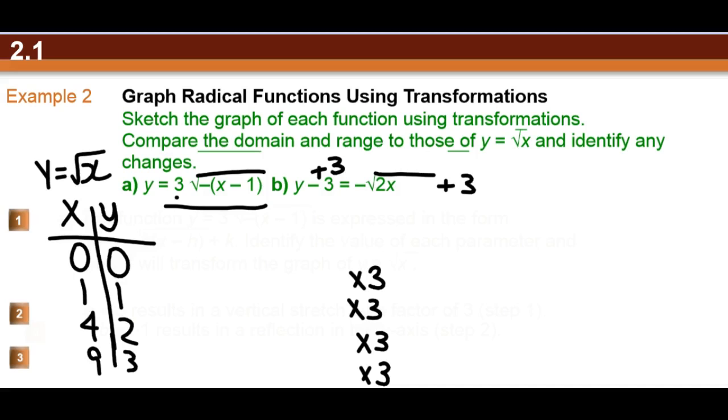And then what's this negative here? Right, so it changes all my x's to opposite. I'm going to put these back.